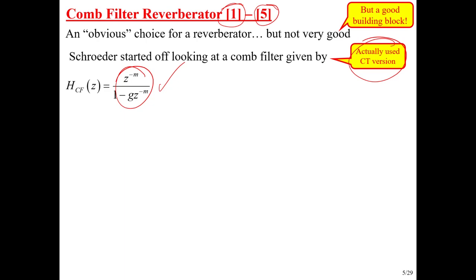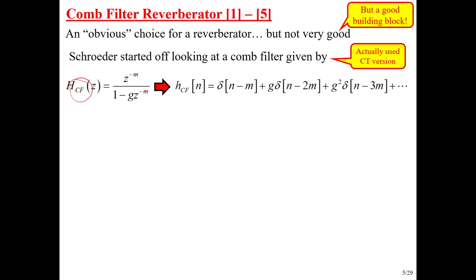So concepts of Z transforms were, I think, available then, but were not widely used, except among those who were the innovators of DSP. So there weren't a lot of DSP practitioners at the time. So anyway, if you read Schroeder's actual paper, you won't see it like this. I think Gardner puts it in terms of true Z transforms. Anyway, here is the Z transform transfer function for the comb filter that Schroeder was looking at.